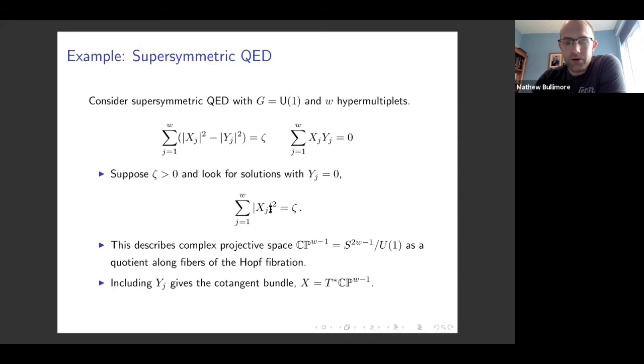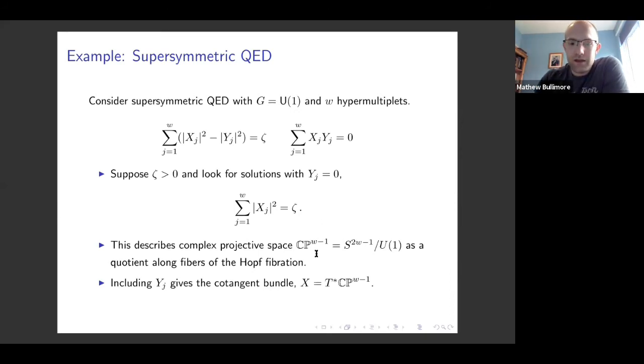Because I have W complex coordinates, that's 2W real coordinates, and I'm setting the sum of their squares equal to a constant. And then if I divide by gauge transformations, that's like taking the quotient along the fibers of the Hopf fibration. And the space that I end up with is a complex projective space of 1 dimension less, so CP^(W-1).